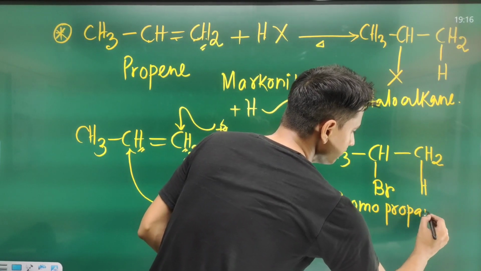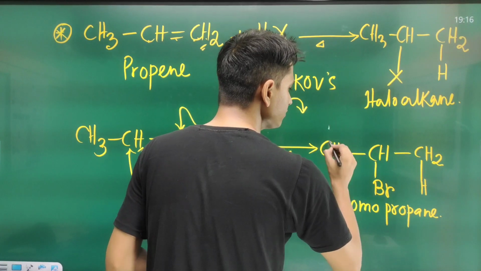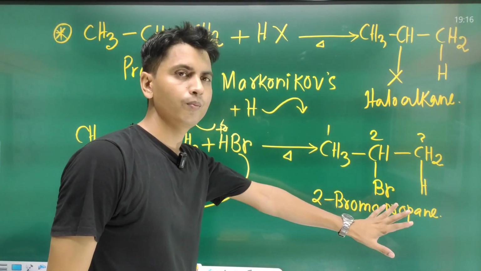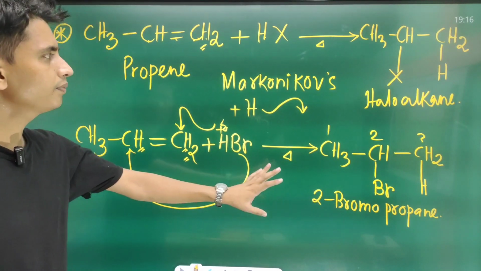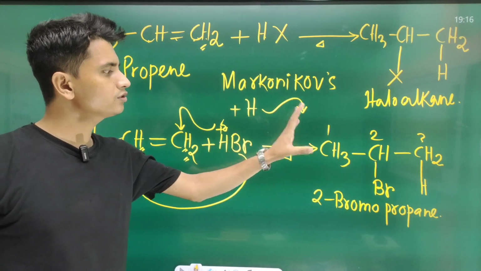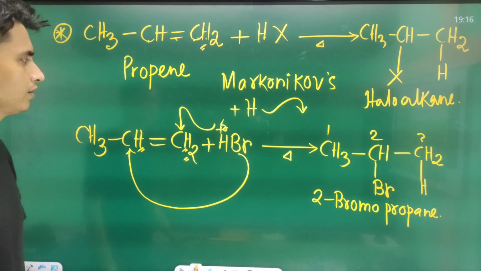This is one kind of haloalkane. Numbering is done from either this side or that side, 1, 2, 3. That's why this is 2-bromopropane. In this way, we can prepare by Markovnikov's addition. With the help of Markovnikov's addition, we can easily prepare haloalkane type compounds. Clear?